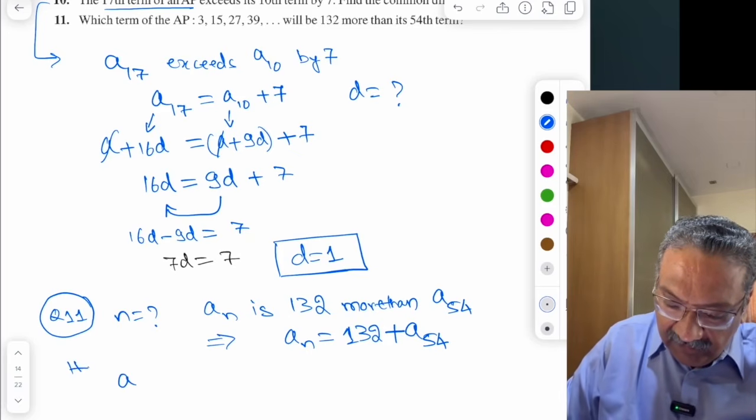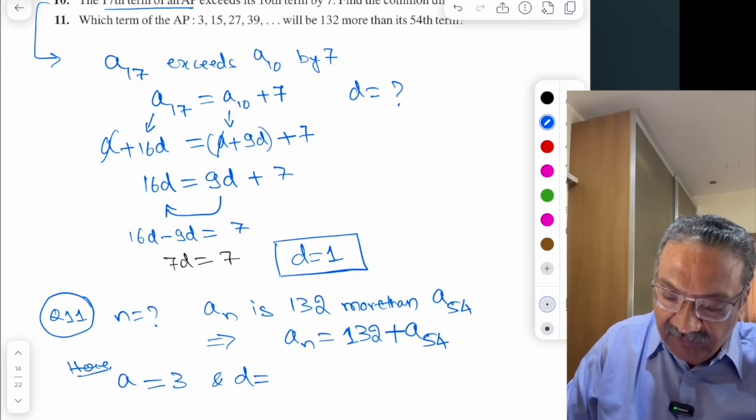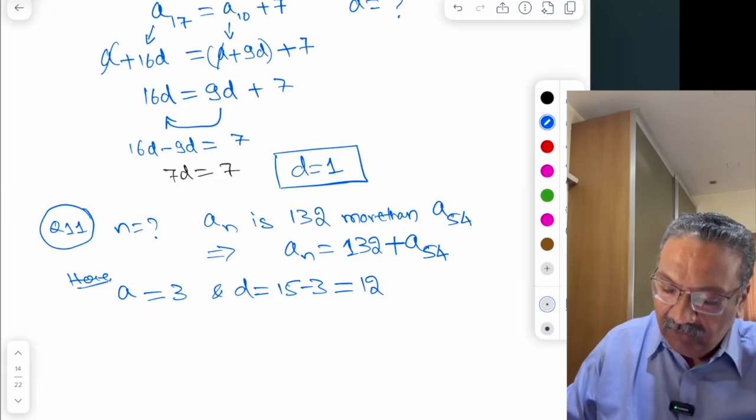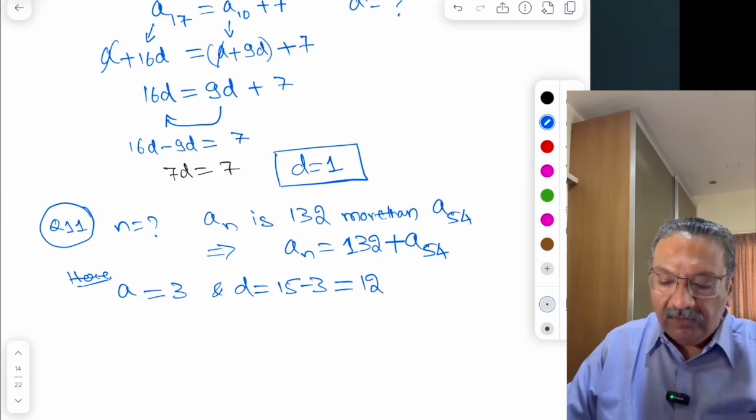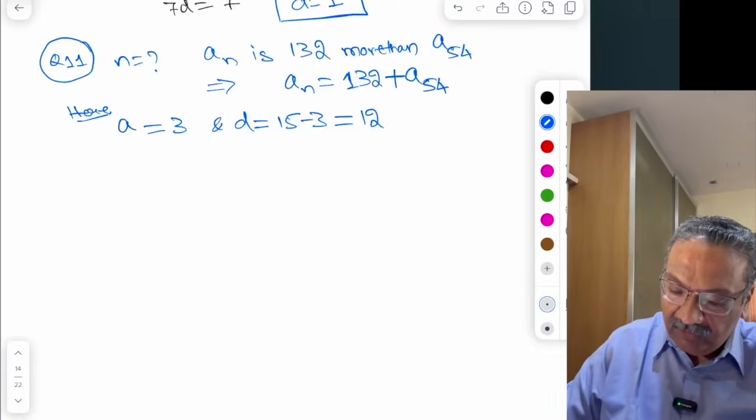So do we know A here? Here A is the first term which is equal to 3 and common difference D is equal to 15 minus 3, which is 12. Now let us find out an. There are 2-3 methods to solve this.